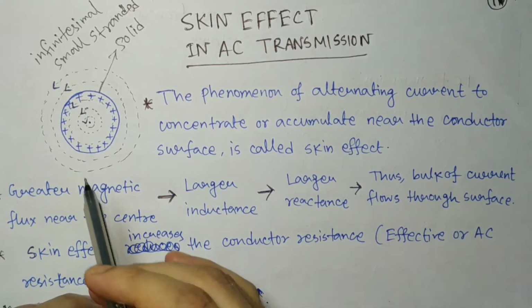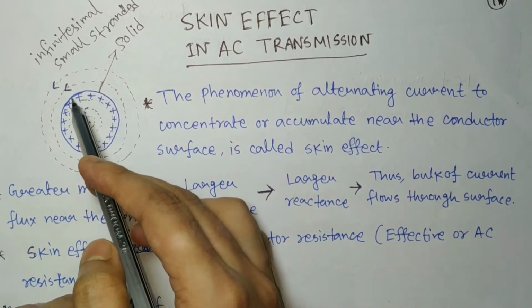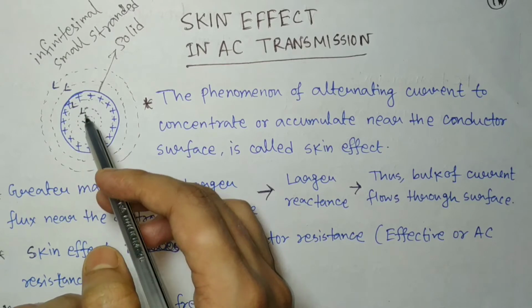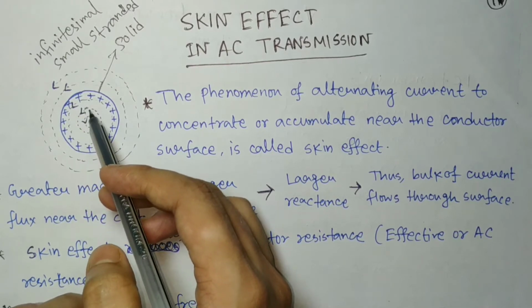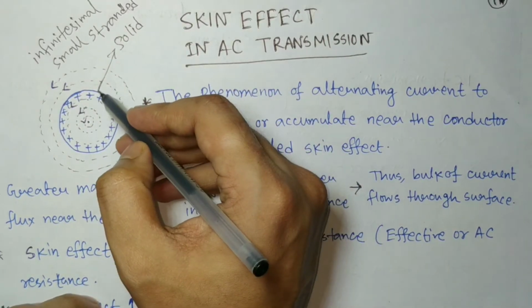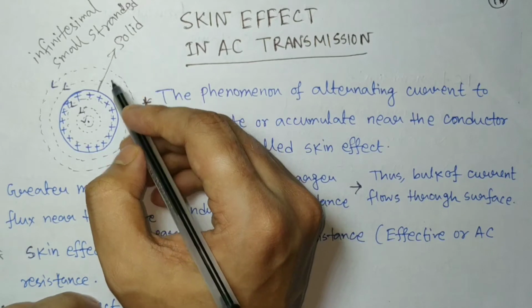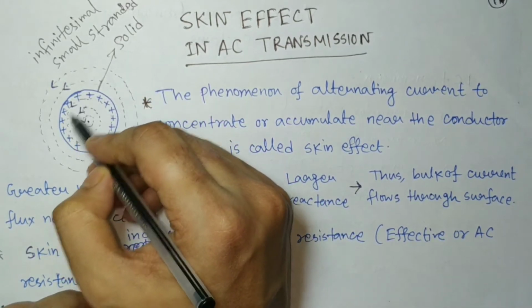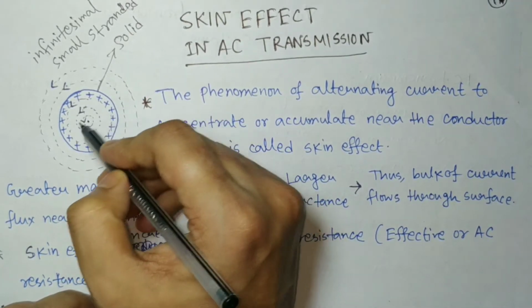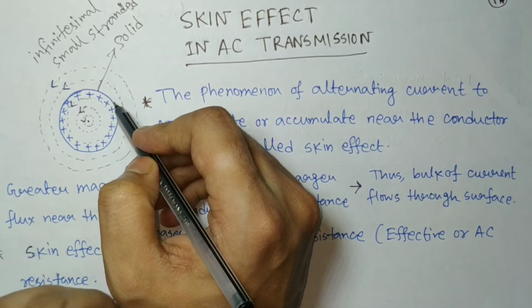So what is this? Let me elaborate. First, let us assume this is your conductor and this is the cross section of your conductor. For the time being, you just assume that this is a solid conductor, not a stranded conductor. Solid conductor means this entire cross section is pure solid metal.